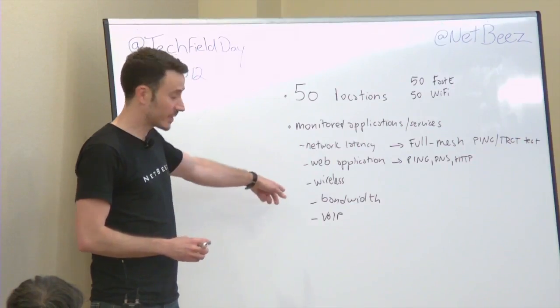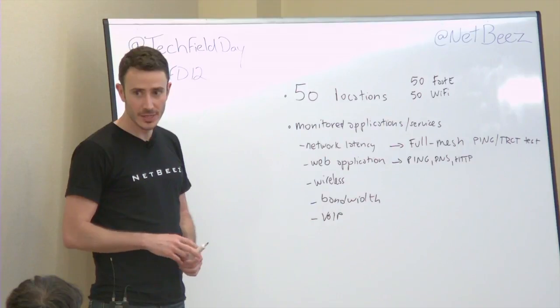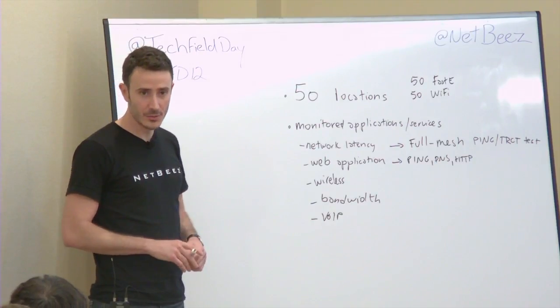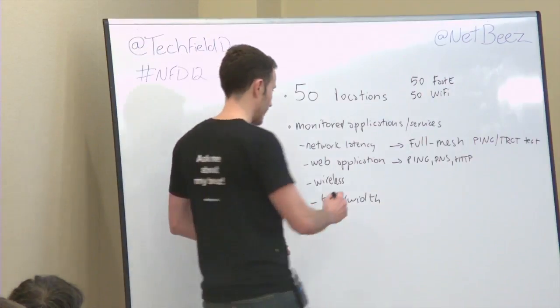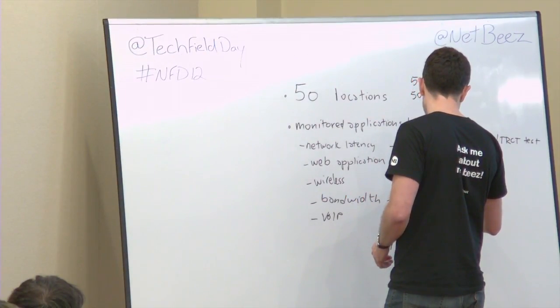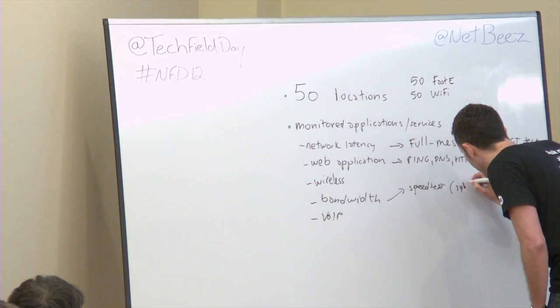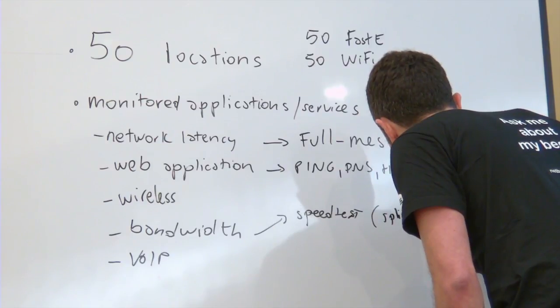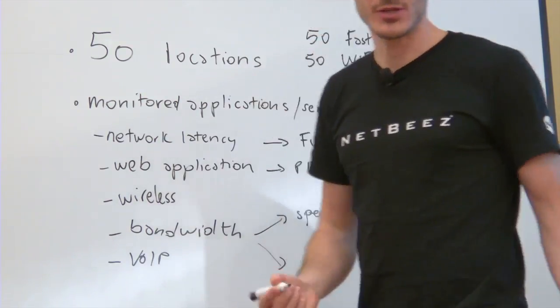And for the bandwidth, we now included the speed test, especially if you have a split tunnel, so you can really check what the bandwidth is. But if you have perhaps a hub and spoke, you can use iPerf.